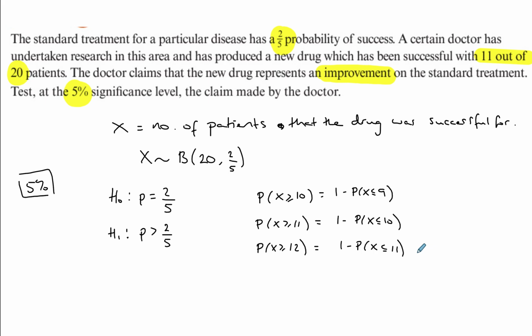My N value is 20 and P is 2/5. In fact, I've just looked at my values and I'm going to need 13 as well. So that's 1 minus the probability that X is less than or equal to 12. So I'm just going to add 12 to my list of values.